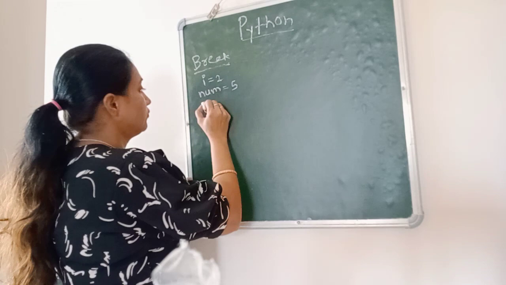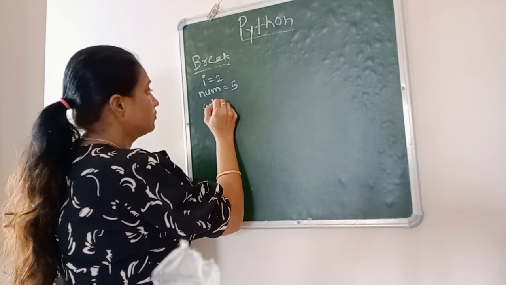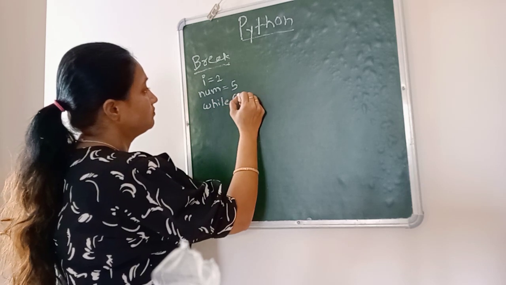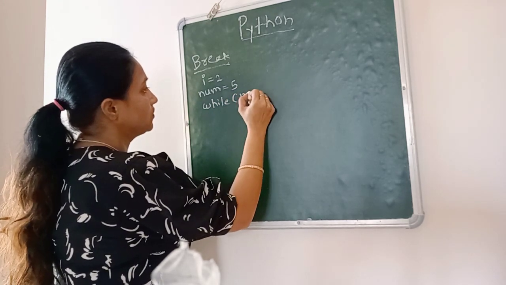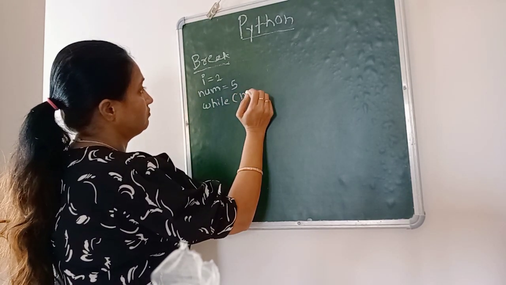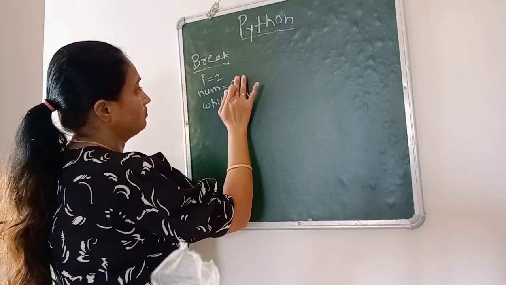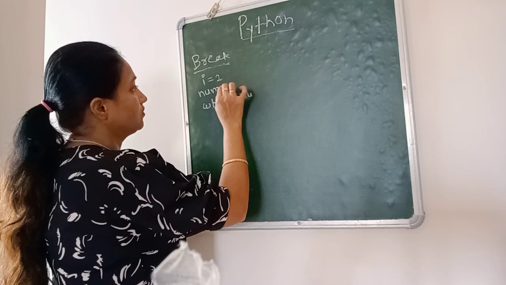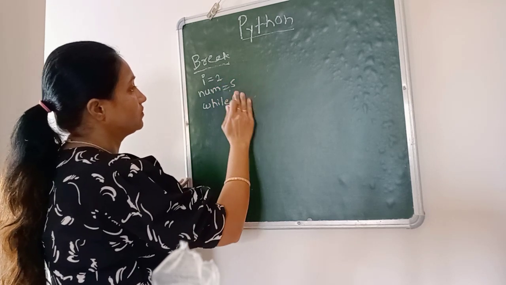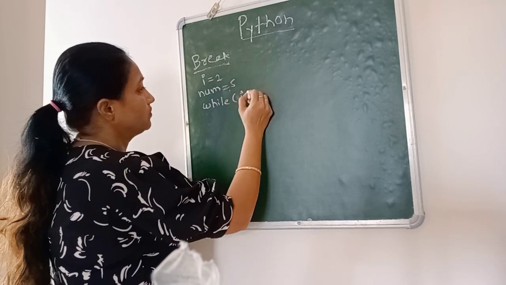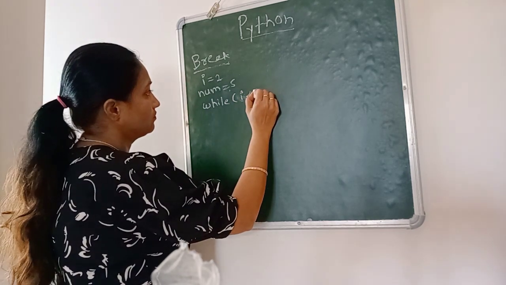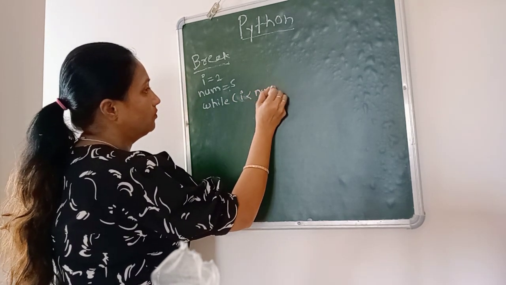Now we'll run a while loop. While I less than num.